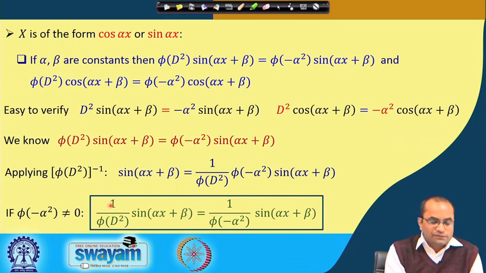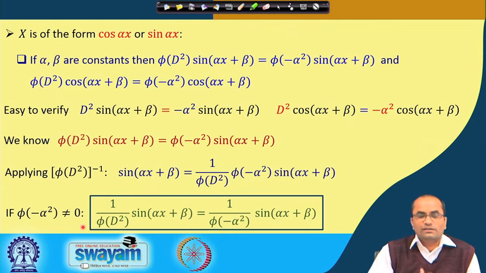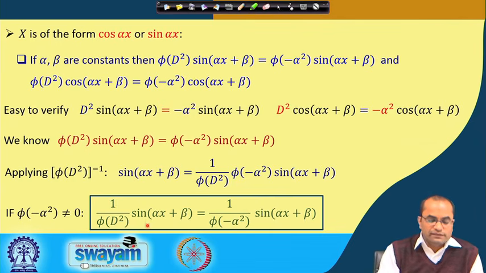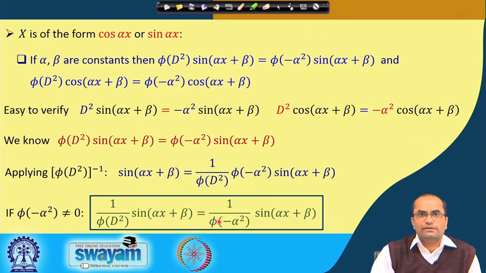Then when we apply 1 over phi d square on sin alpha x plus beta, or on the cosine function of alpha x plus beta, we get 1 over phi where d square is replaced by minus alpha square, and the sine or cosine stays as it is.